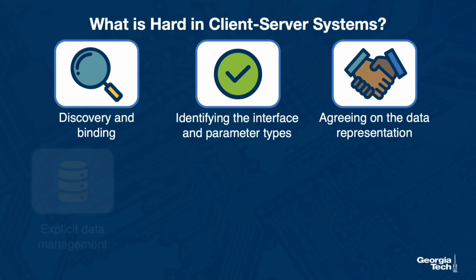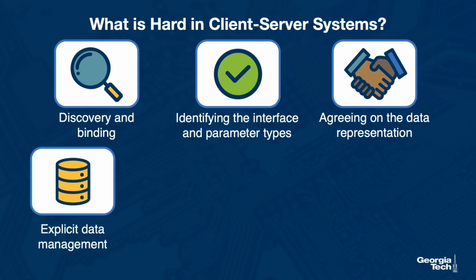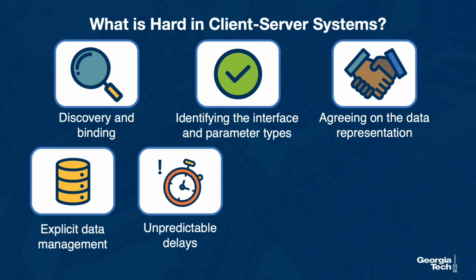Then the operation parameters from the client and later the results from the server need to be copied to and from network buffers so that they can be transmitted. The client needs to wait for the results, potentially an unknown amount of time. If there is no response, the client does not know whether there is a simple network delay or whether the server is slow in responding, maybe because it's overloaded temporarily or maybe there is some sort of failure.